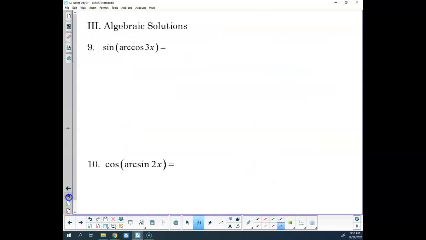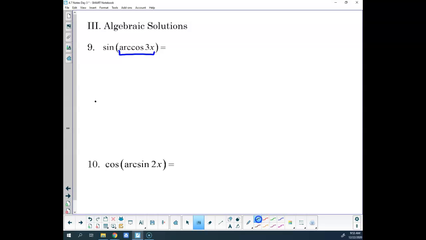Okay. Then the other kind of problems that we have are more algebraic type of problems, and those are done the same way. I would find the value of my cosine, so again I would make my triangle.